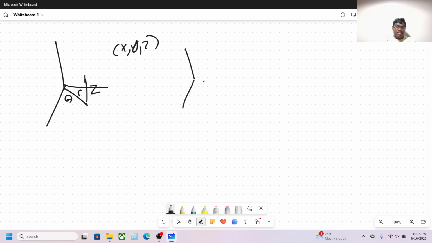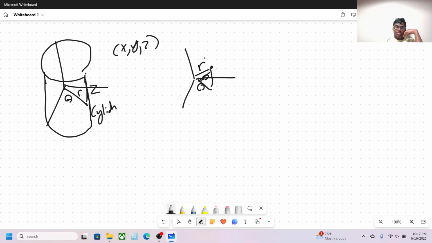Or maybe take a point and label it by an angle theta, then another angle phi, and finally a radius r. The first is cylindrical coordinates, where r and theta give us a circle and the z gives us a height, a cylinder-like parametrization. And the second is spherical, because we're only using one distance r, and then there are two angles parametrizing us along the sphere.